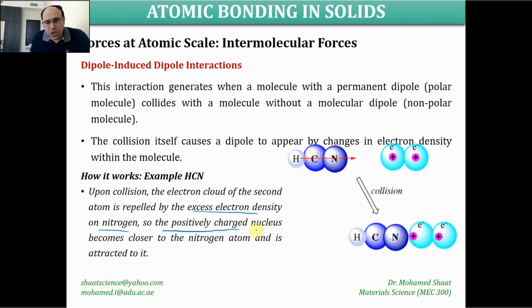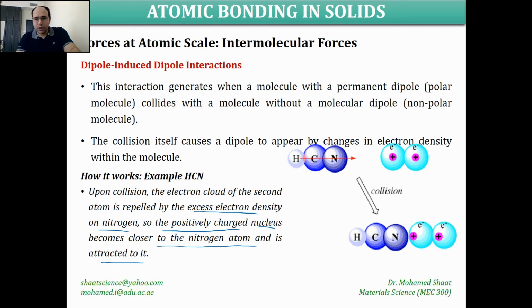So the positively charged nucleus becomes closer to the nitrogen atom and is attracted to it through the difference in charges: this side is positive, this side is negative, so they are going to attract each other. So this is simply how this type of dipole-induced dipole interaction is generated.